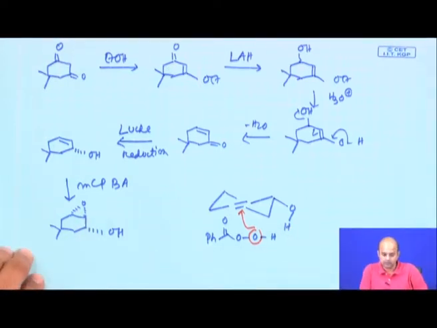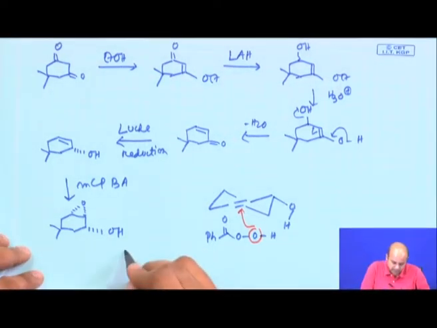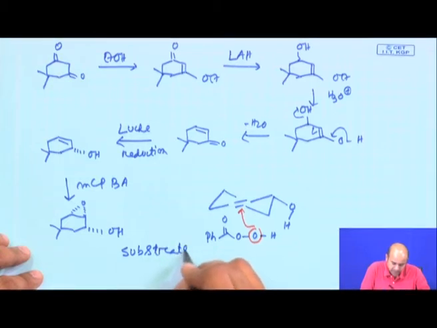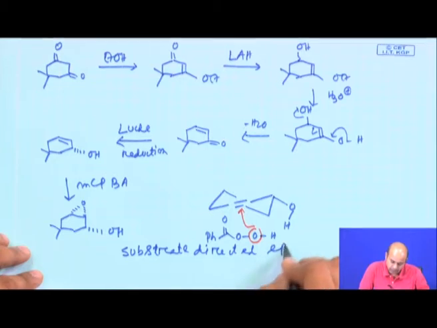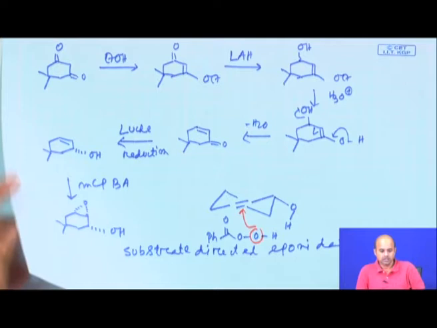That is why, since the hydroxy is below, the epoxide will be below the plane. That was the main reaction. It is basically a substrate directed epoxidation, and that will be given here.